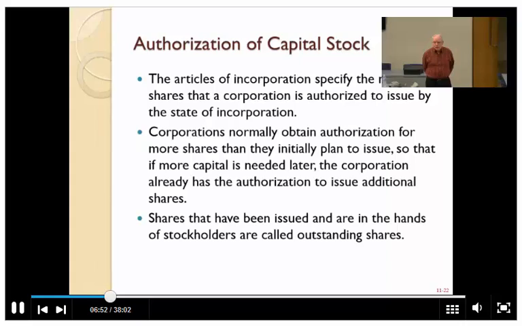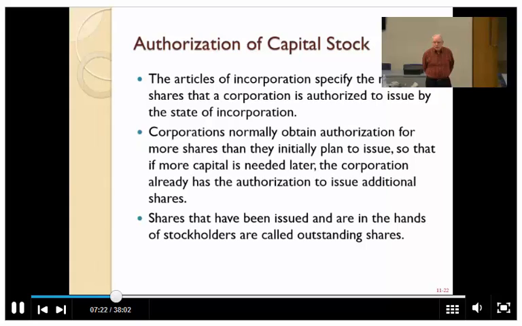All right? And later on, we're going to talk about treasury stock, and we're also going to talk about the way you present stockholders' equity on the balance sheet. And one of the things that you have to indicate is the number of shares authorized, the number of shares issued, and we're also going to learn tonight about outstanding shares.